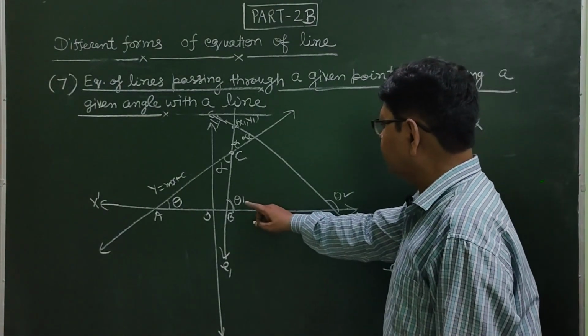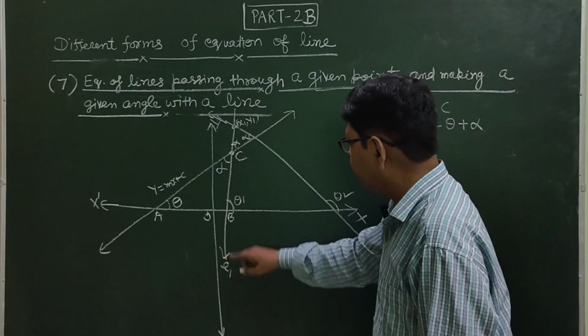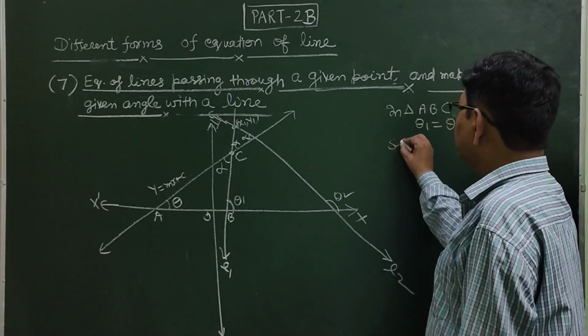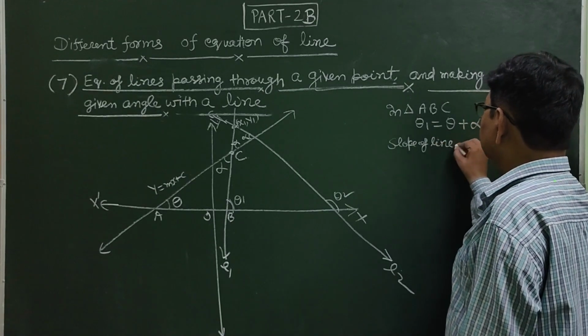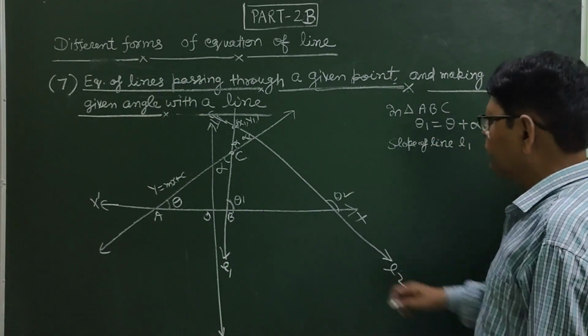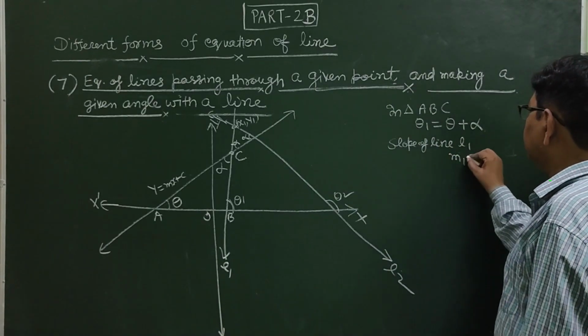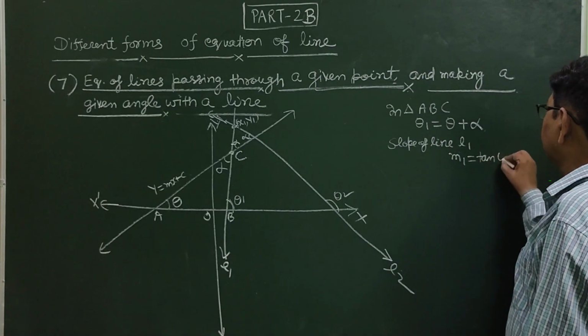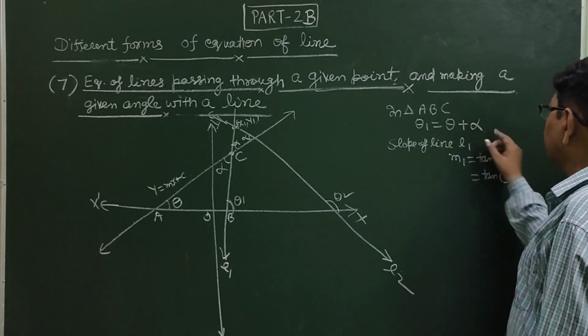So with the help of this angle, we can find the slope of the line L1. Let the slope of this line be m1. m1 is equal to tan theta 1, which is equal to tan of theta plus alpha, as we have calculated.